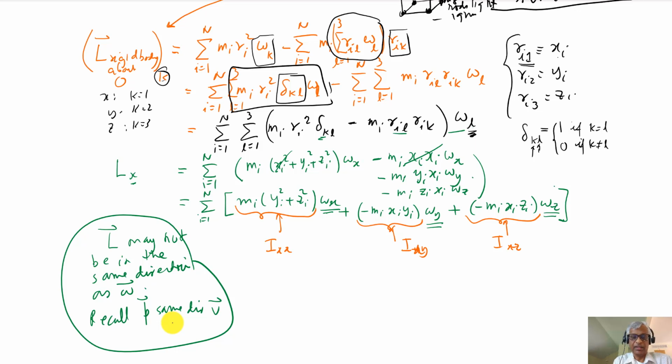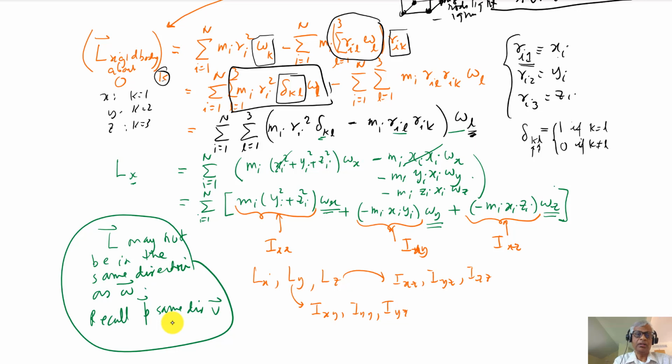So when we have a full angular momentum, you'll have an Lx component, an Ly component, and an Lz component. Each will have its own moment of inertia: Ixy, Iyy, Iyz, and similarly Ixz, Iyz, and Izz.